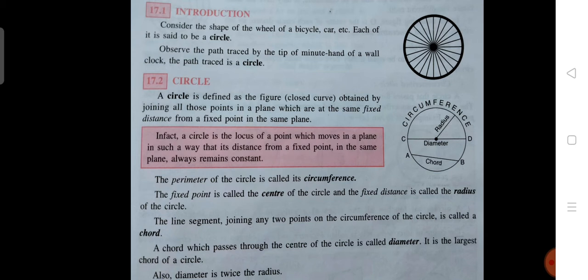The bold black dot at the center is the center of the circle, and the fixed distance from the center is the radius. The chord passing through the center is the diameter, and there is the circumference of the circle, which is the perimeter. A line joining two points on the circumference is a chord. So this is the pictorial representation of a circle.